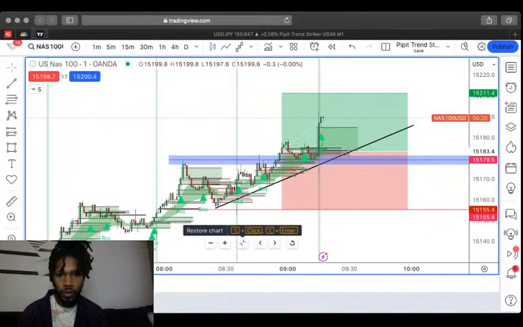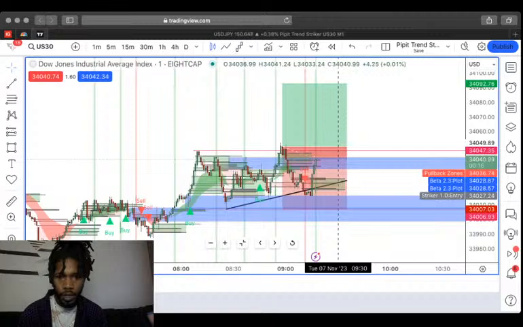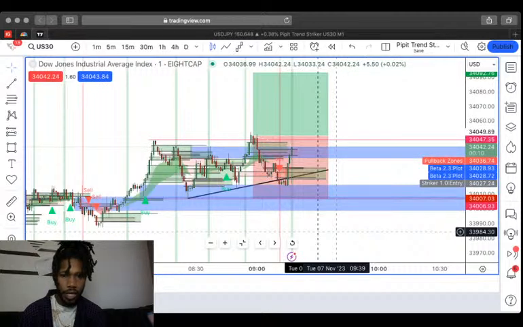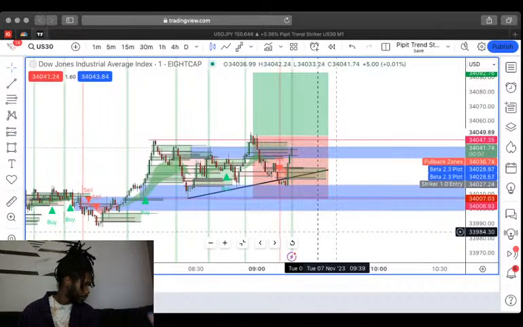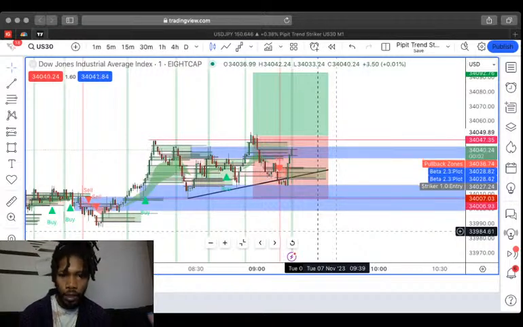Let's see what's going on with US 30. US 30 is slowly but surely pulling back up. We have market open coming soon. So it'd be nice if we got this break to the upside now. You dig? If we can get that break to the upside now, that'll be live.